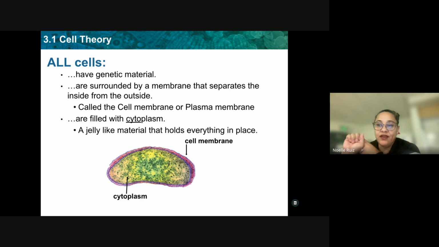DNA and RNA are the main ones, but all cells have some form of genetic material, some nucleic acid they are made of. They are all surrounded by a membrane. A membrane separates the inside from the outside, just like our skin. Our skin separates our insides, keeps our muscles and our blood and stuff in.